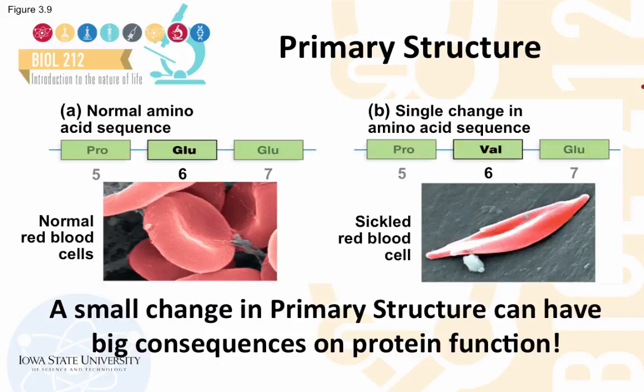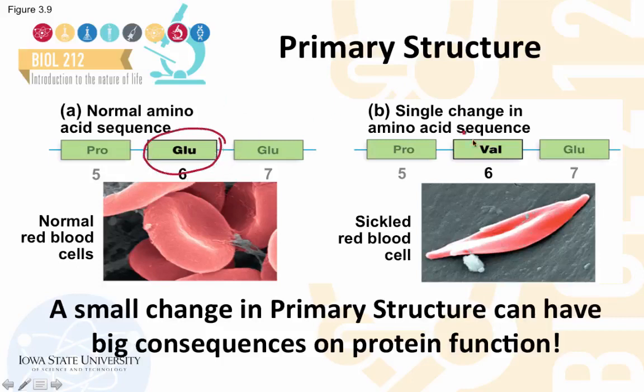The primary structure is the amino acid sequence that makes up a protein. To recognize the importance of this amino acid sequence, let's look at part of the amino acid sequence for the protein hemoglobin, which is present in red blood cells. The normal amino acid sequence of this protein contains glutamate in the 6th position.